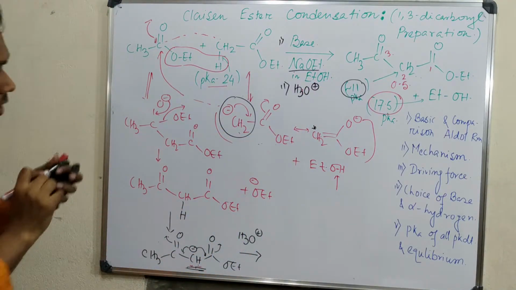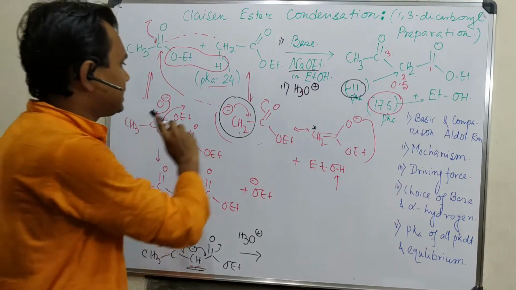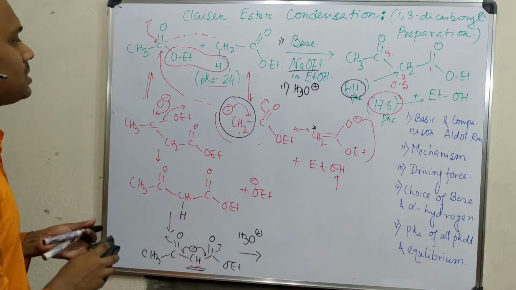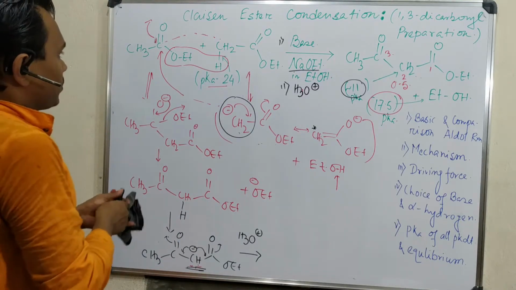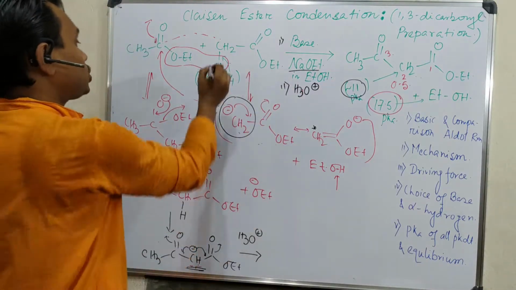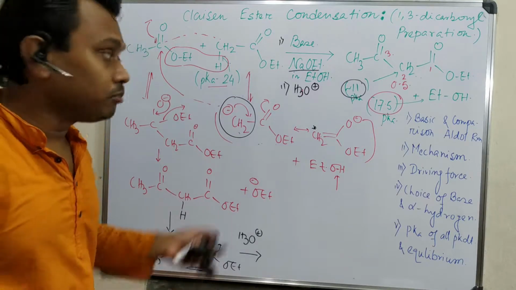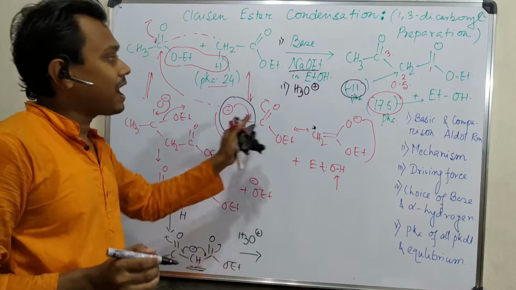Okay, now the question: we have discussed the driving force. What is the choice of base? Throughout the process you have understood the base has a unique role. I told you alpha hydrogen is essential for Claisen, it's true, but 2 alpha hydrogens are needed to get completion according to this.